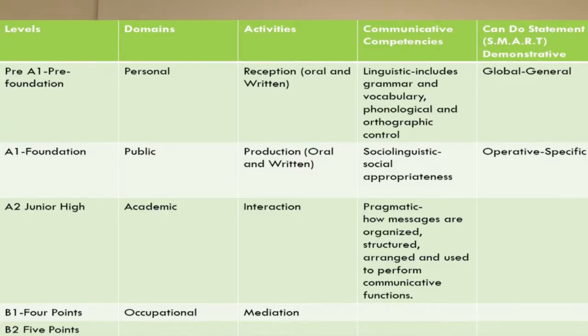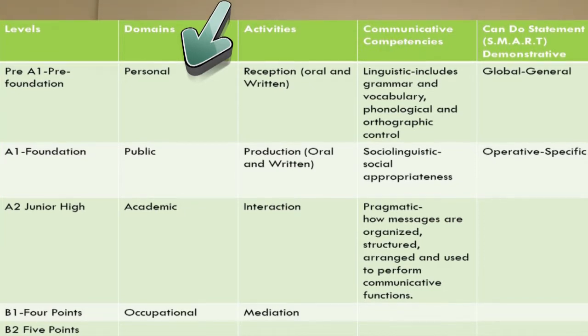There's domains. The personal domain is the content that's about the actual person, meaning what's it like in my life, which is more appropriate for the personal development of a younger child. Then you go to the public domain, which is more about, let's say, hitnadvut, which is volunteering.